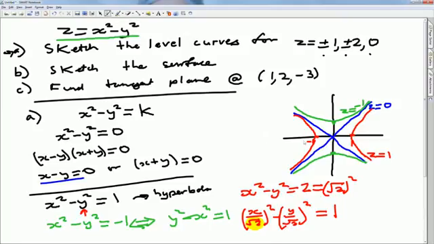So either way, you can see that the next curve is at plus or minus root 2, which looks something like that. And again, by symmetry, you can draw the z equals minus 2 case in exactly the same fashion.